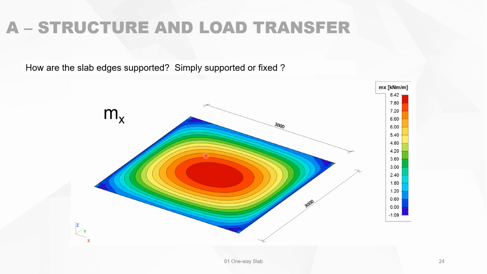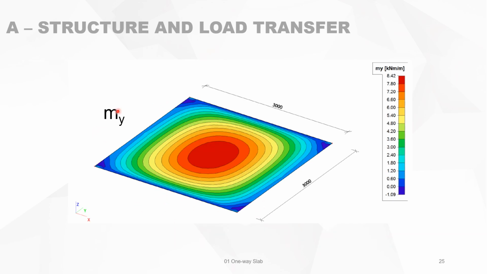Looking at the isolines of bending moments, it says a lot about the behavior of the structure. Now, if we look at a plot of mx, this is the x-axis, then we see a figure like that. When we look at the plot of my, then we see almost a similar appearance.